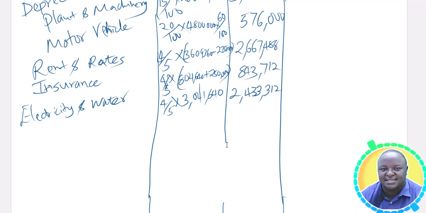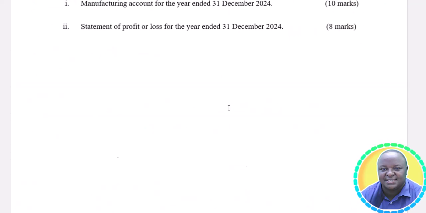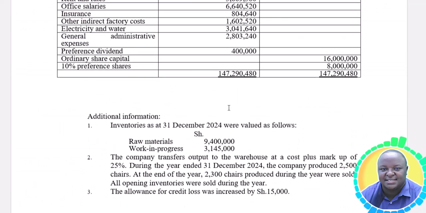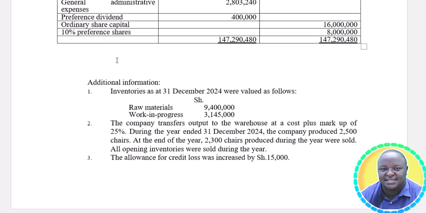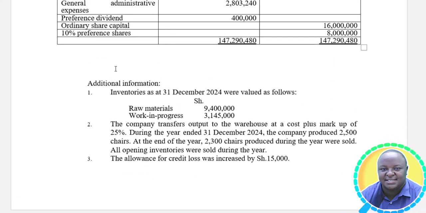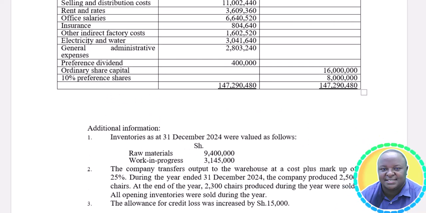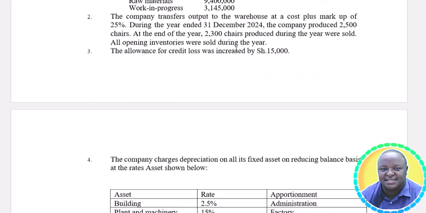Then of course, we have been told about other indirect factory cost. We have been given the other indirect factory cost to be 1,602,520.